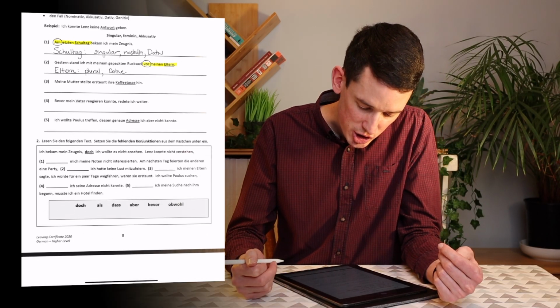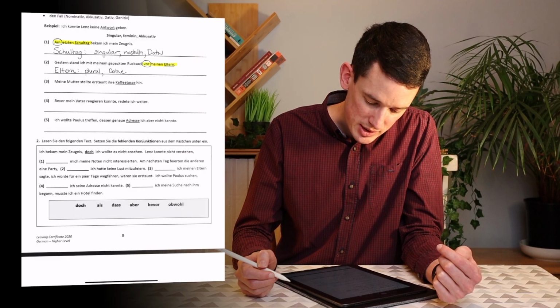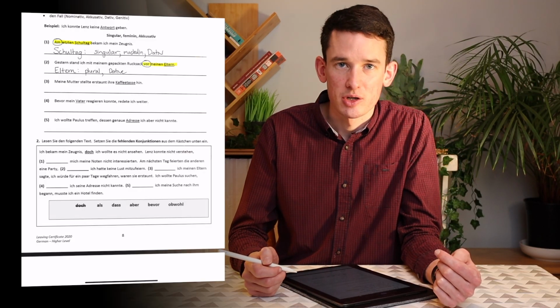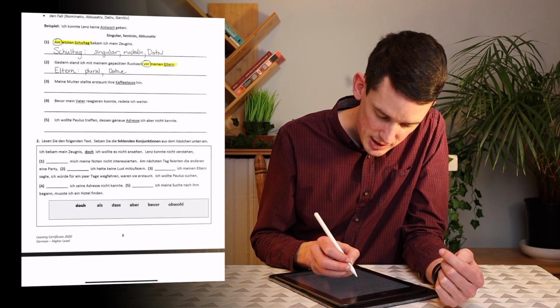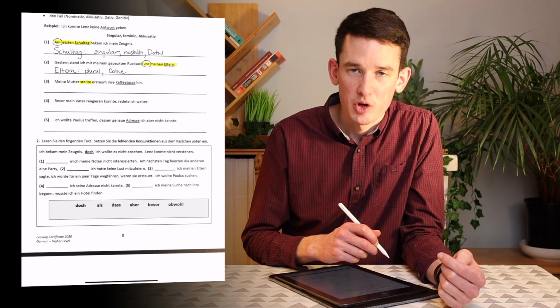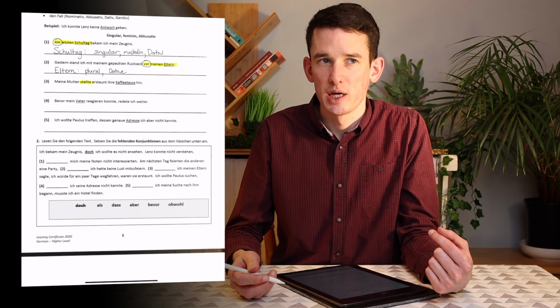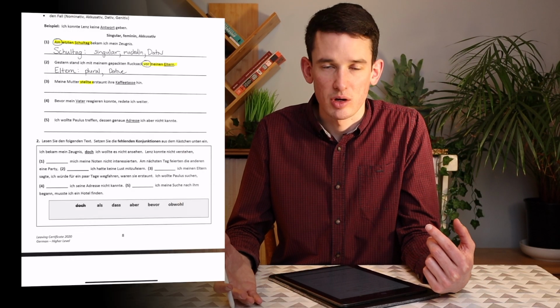The next one, "Meine Mutter stellte erstaunt ihre Kaffeetasse hin." So here it's speaking about the mother putting down her coffee cup in amazement. So really here you just have quite a simple sentence. You have the verb in the middle, "stellte", and the mother puts down her coffee cup. So here the mother is doing the action and the coffee cup is the receiver of the action.